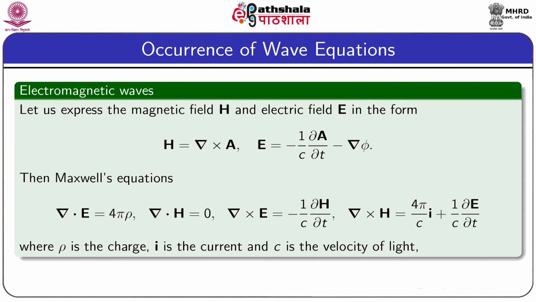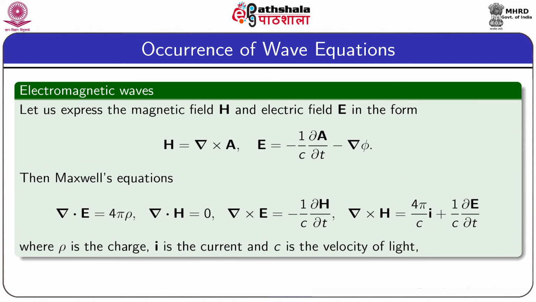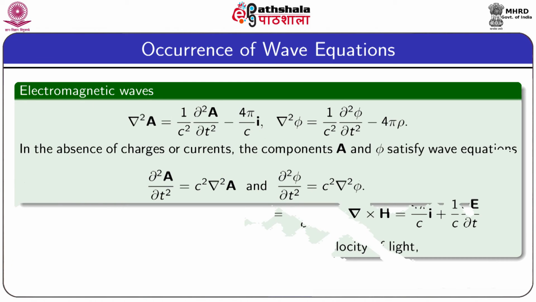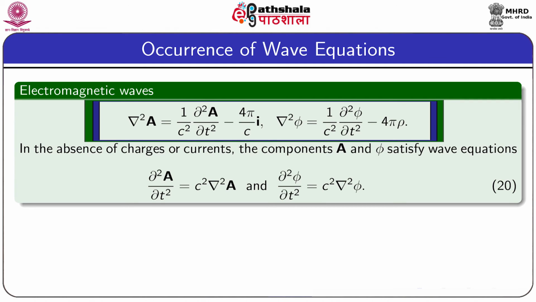Now, the Maxwell equations are given by these four equations which are written here, where rho is the charge, I is the current and c is the velocity of light. If we substitute the expressions for H and E, then we obtain the equations for the vector A and the scalar phi, as you can see in the slide.